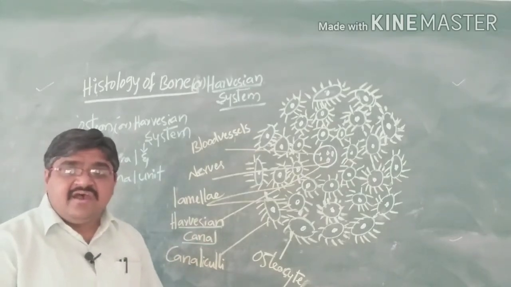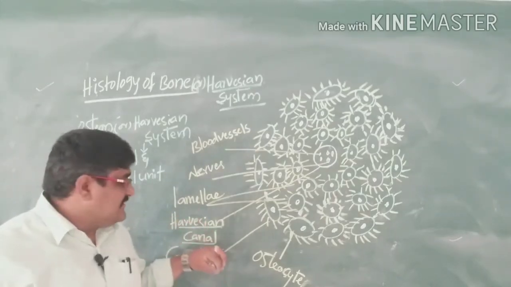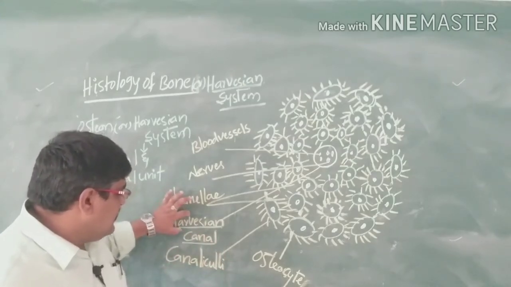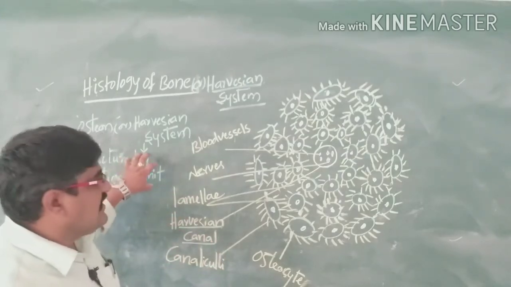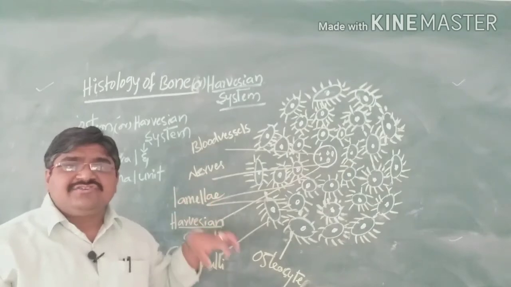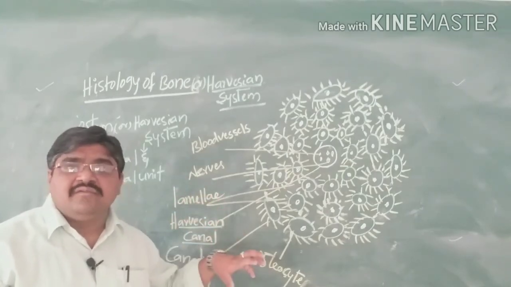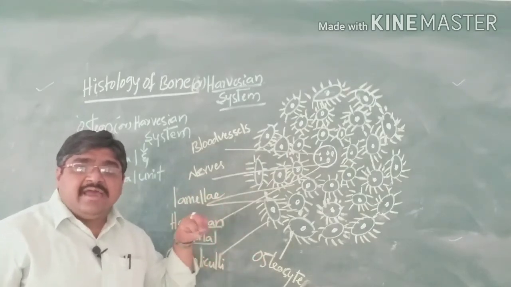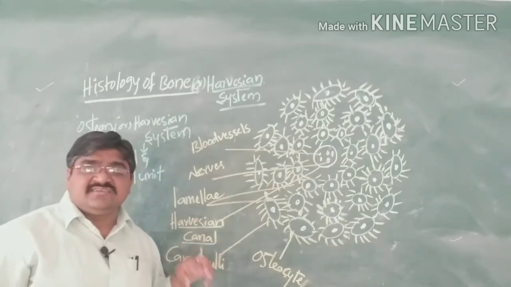In the bone, there are millions of osteons present. That means millions of Haversian systems or osteons are presenting.